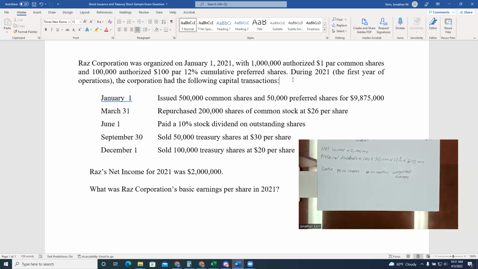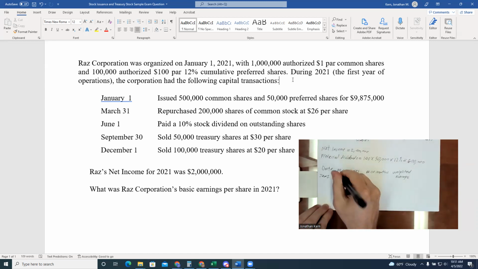All right. So on January 1, they issued 500,000 common shares. So we're going to use the date of January 1. Then for the number of shares, we'll write down 500,000. But let's remember that on June 1st, they paid a 10% stock dividend.